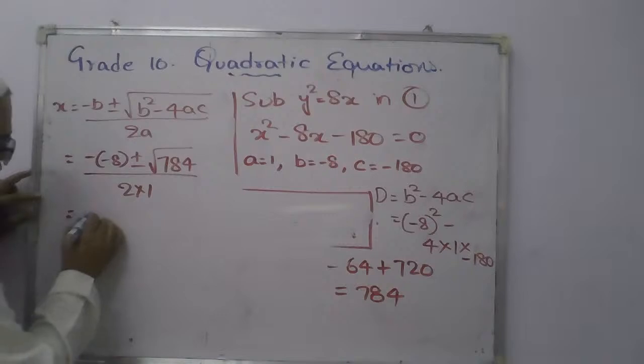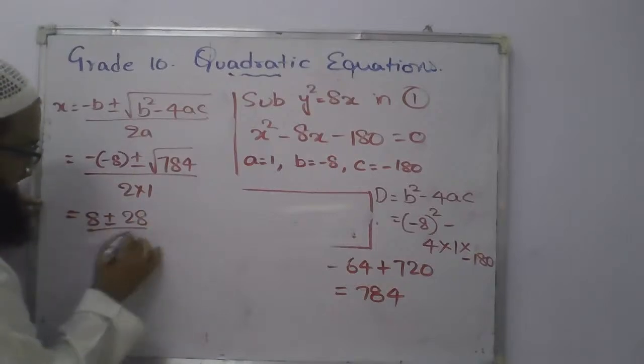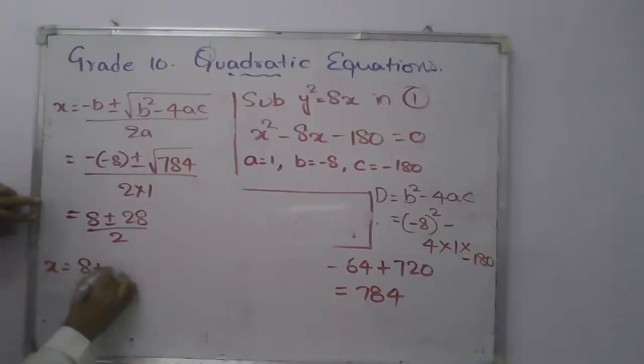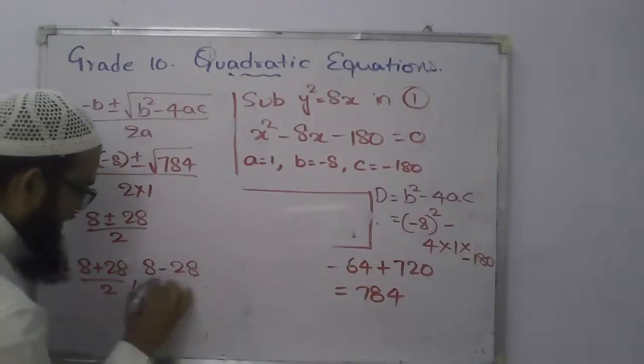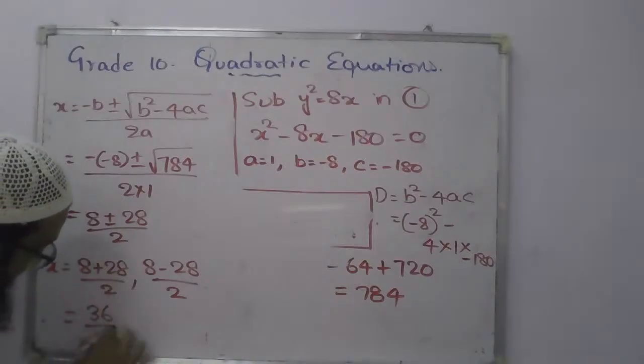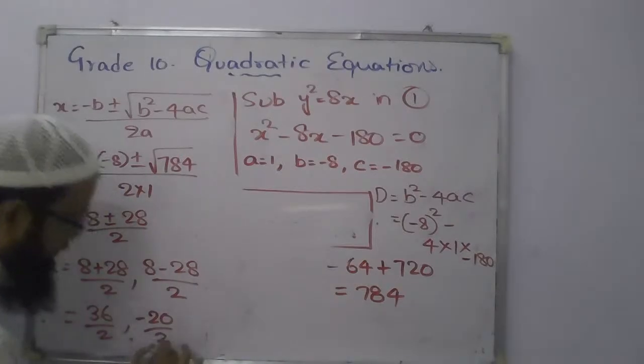So minus of minus plus, that is equal to 8 plus or minus 28, divided by 2. So that means x has two values: 8 plus 28 by 2, comma, 8 minus 28 by 2. What is 8 plus 28? 36 by 2, comma, 8 minus 28, minus 20 by 2.